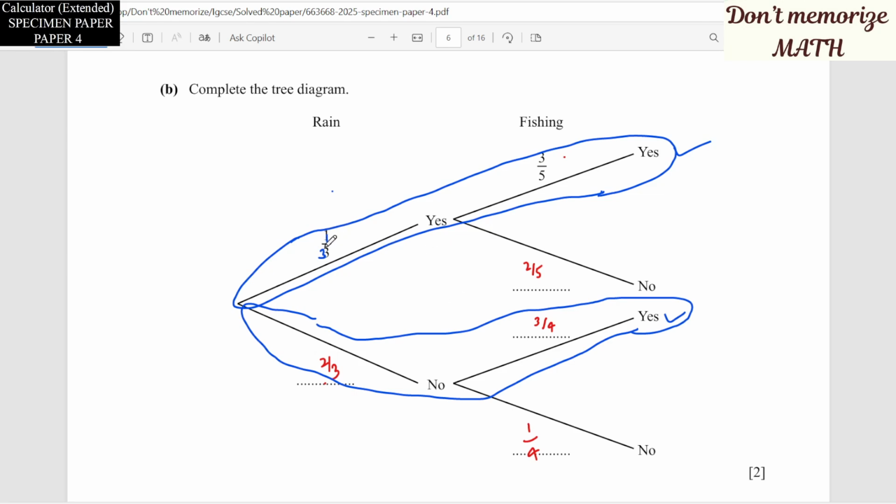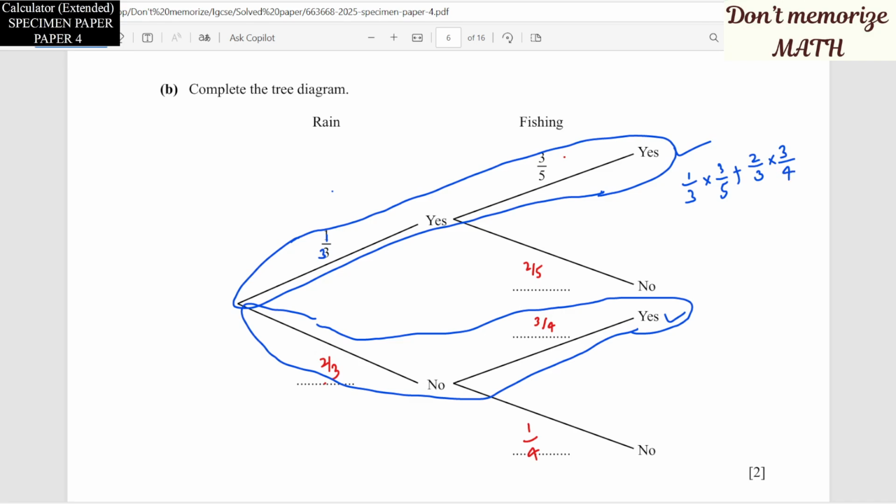So here we have 1 over 3 times 3 over 5, plus the second branch, 2 over 3 times 3 over 4. Now use your calculator. You have a fraction button in the calculator. So 1 over 3 times 3 over 5 plus 2 over 3 times 3 over 4.